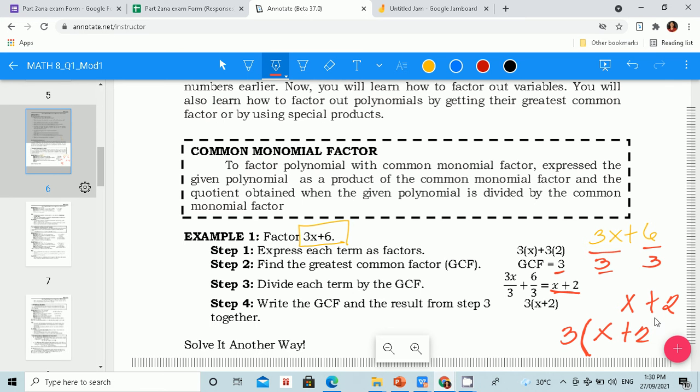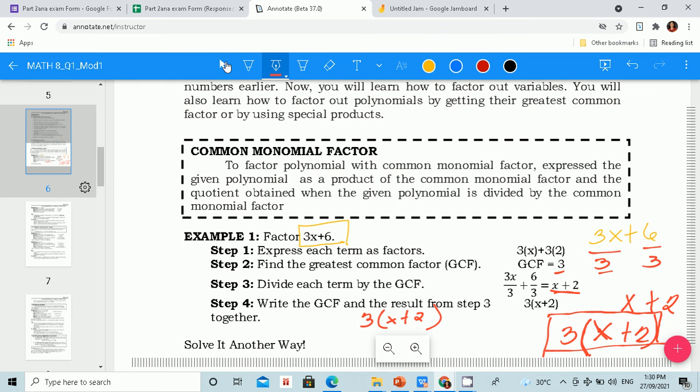The value of this one is 3. So this will be our final answer. The factor of 3x plus 6 is 3 times x plus 2.